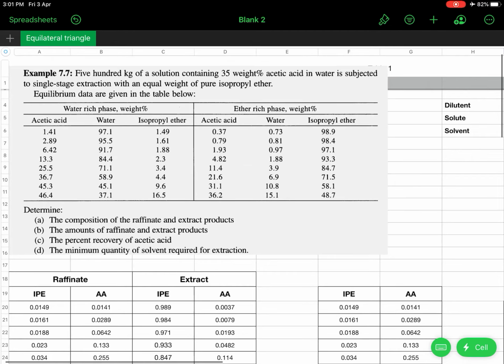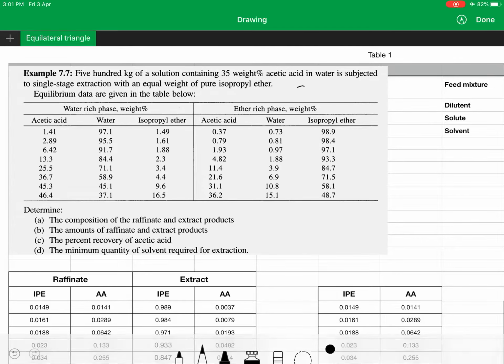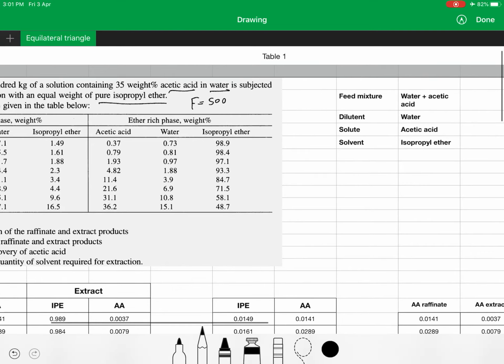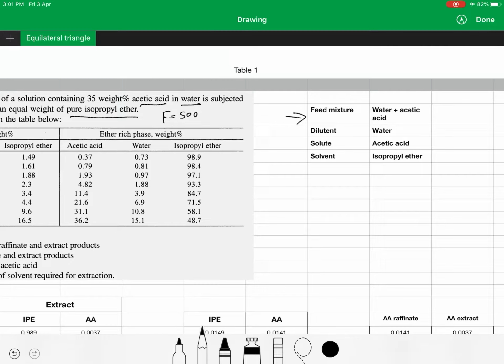Here, as you can see, 500 kg of solution means we have been given F equal to 500, with 35 weight percent acetic acid. In this system we have acetic acid and water, and we are using isopropyl ether in the pure form. Our feed mixture is water plus acetic acid, the diluent is water, and our focus is on the solute, acetic acid.